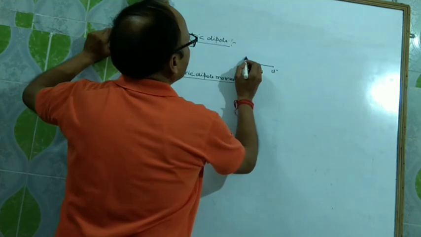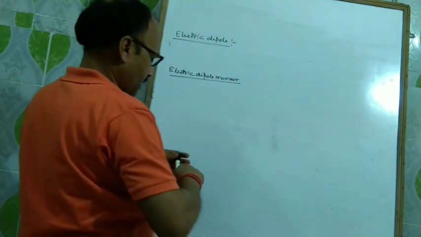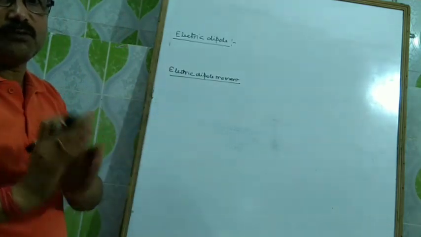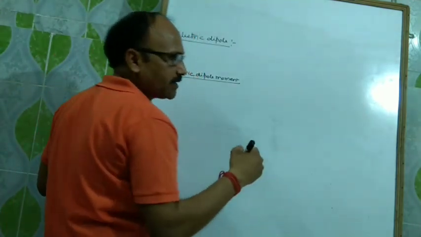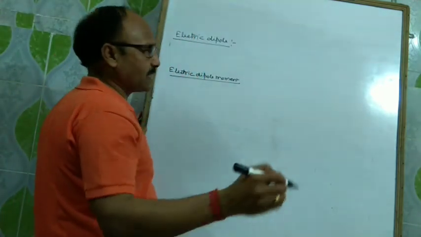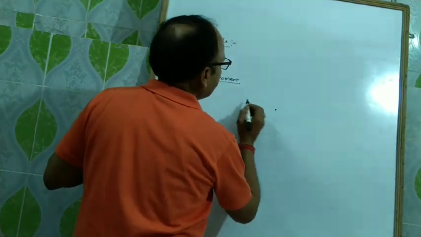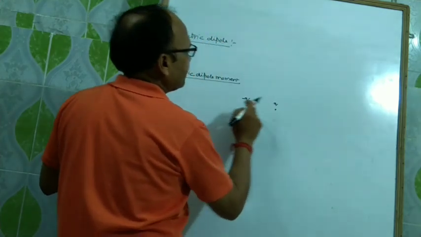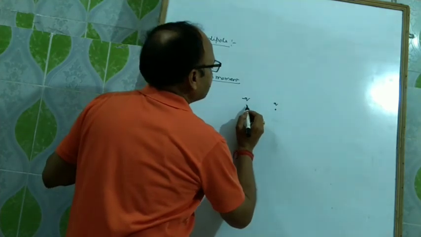So this is suppose plus Q. In the representation of an electric dipole, you have to keep in mind, you will take the negative charge on the left side and the positive charge on the right side. So we are taking two equal and opposite charges, minus Q and plus Q. Both are the same in magnitude but opposite in sign or nature.